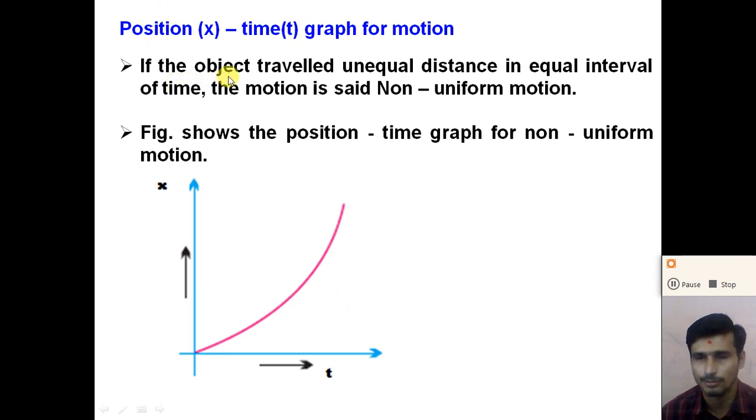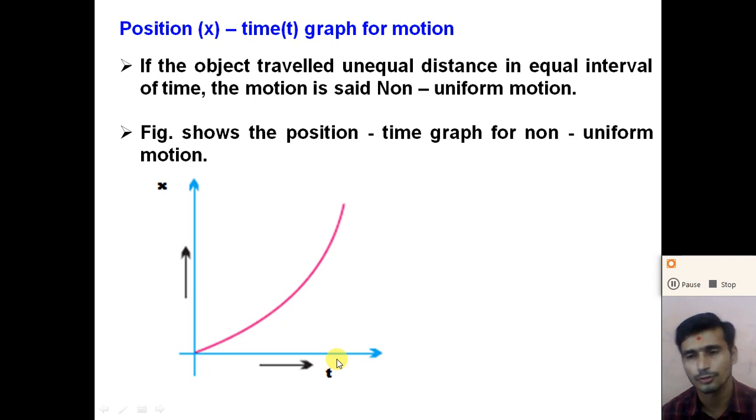So the position-time graph for the non-uniform motion is non-linear, right? Any type like this curvature or any type of graph. If the position-time graph is non-linear, we can say that the motion of the object is a non-uniform motion.